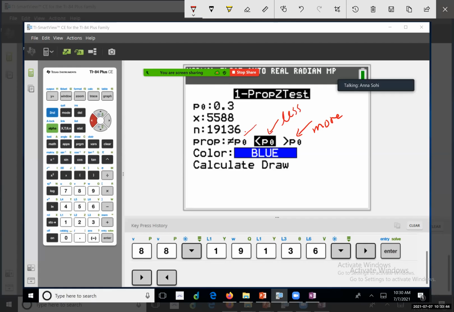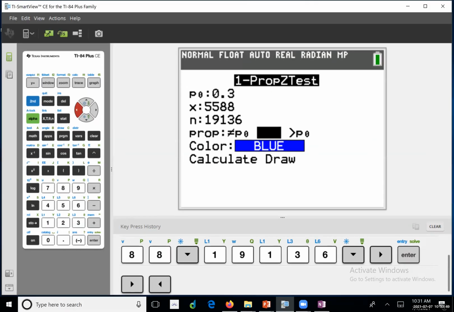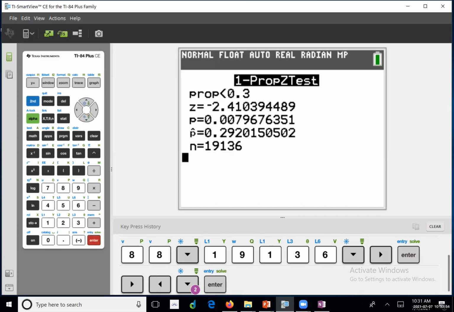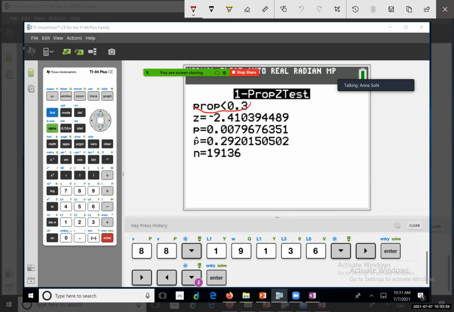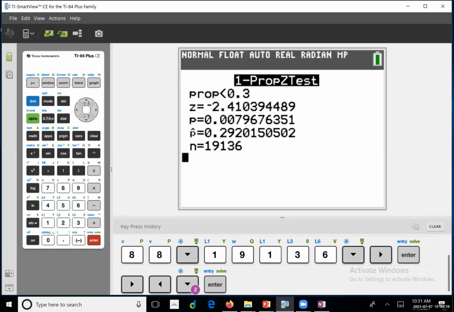And this is for not equal to. Okay. Then I go to calculate. Let's see who is right. There we go. So do you see prop? This should be the same as your alternative hypothesis. And then p-value, again, in the questions, they may ask about z statistic, you're going to write it. But to judge, you need the p-value, and that's 0.008. I'm going to write it to 3 decimal places.